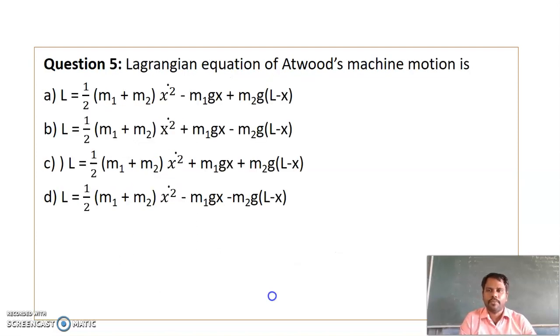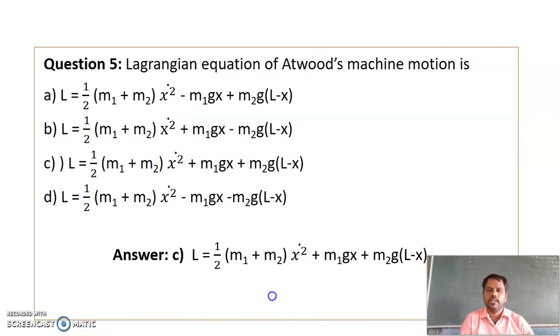Question 5: The Lagrangian of Atwood's machine is the difference of kinetic energy and potential energy, that is (1/2)(m1 plus m2) x dot squared plus m1 g x plus m2 g (L minus x).